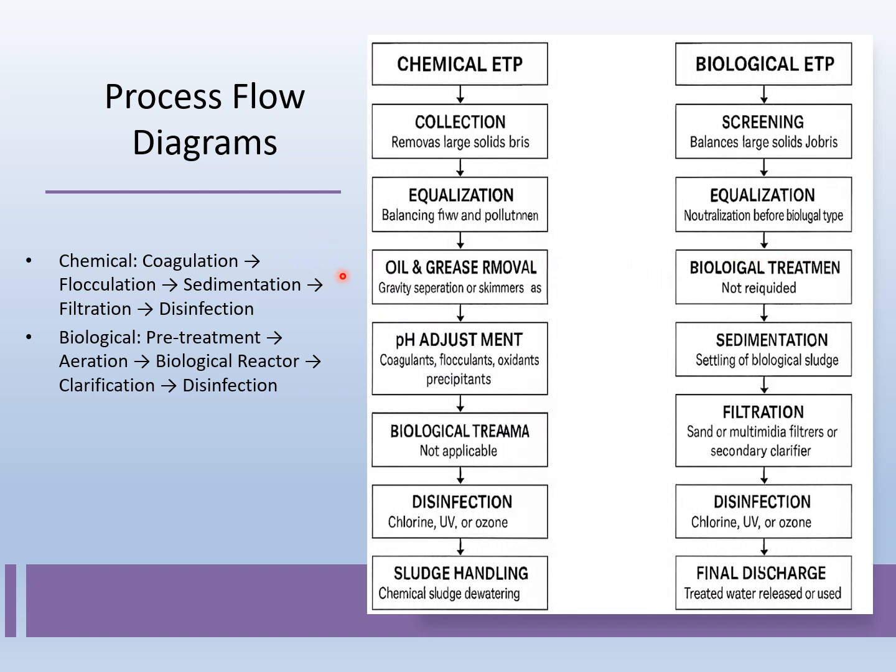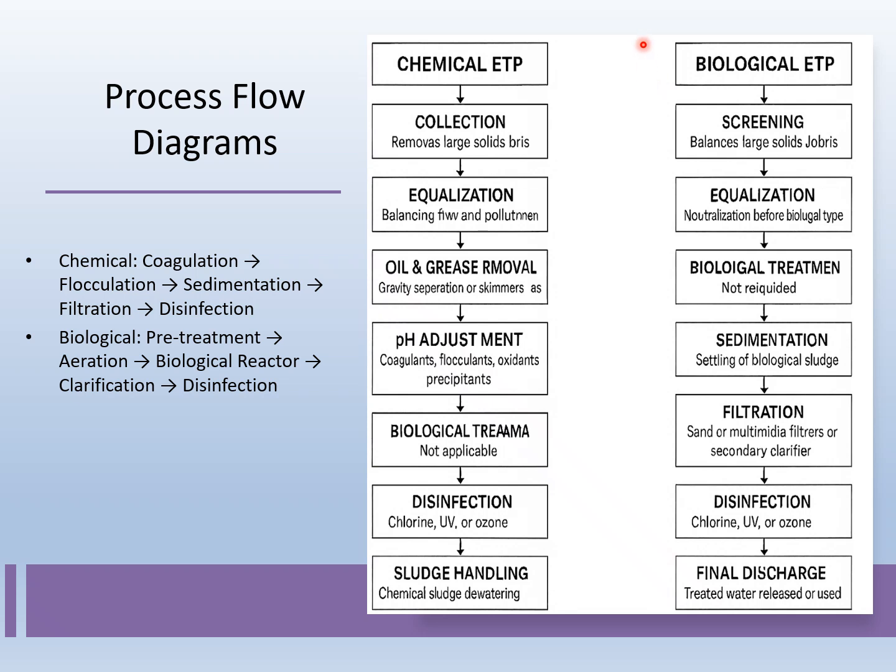Chemical type: oil and grease removal, gravity separation, and skimmer. pH adjustment, coagulant, flocculant, oxidant, precipitation, and biological treatment. No application for the chemical, and disinfection is chlorine, UV, or ozone. The last one is sludge handling, chemical sludge dewatering.